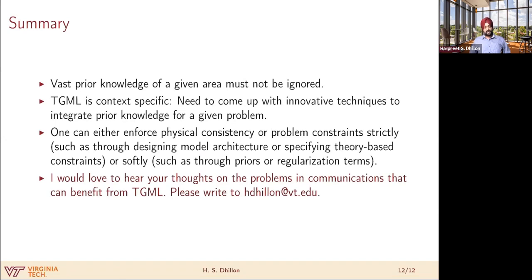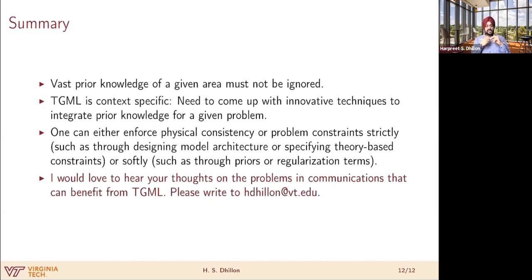A few very quick points, right? In all scientific disciplines, we have vast prior knowledge that must not be ignored, right? Just because deep learning worked very well in some domain doesn't necessarily mean that we have the same conditions in every scientific discipline to have that type of impact. So we should make sure that whatever knowledge we have is sort of supplementing or complementing the machine learning solutions.